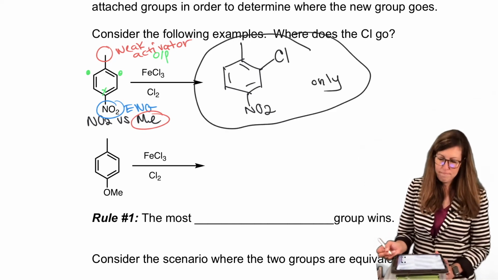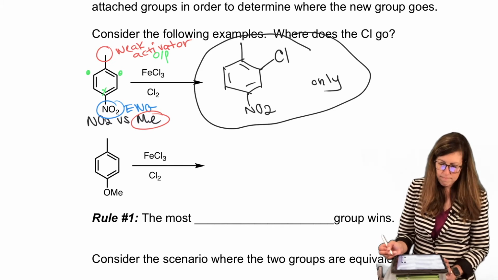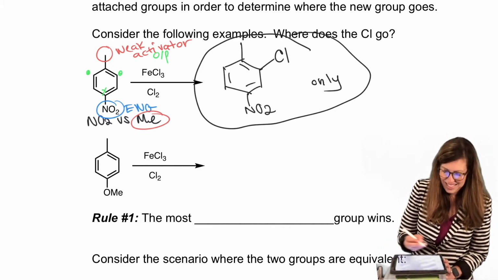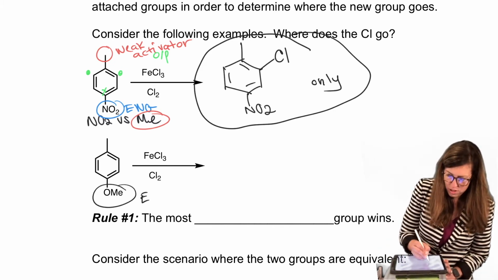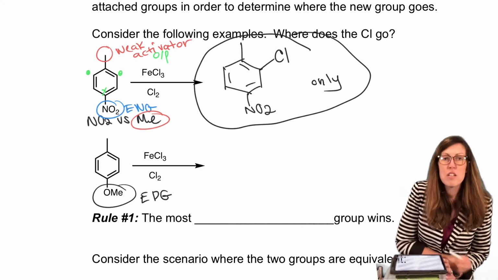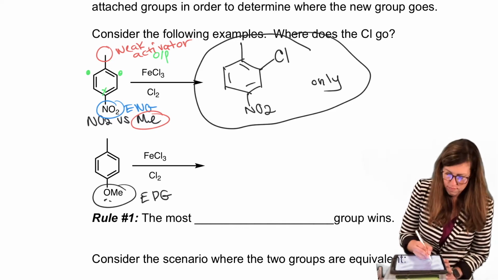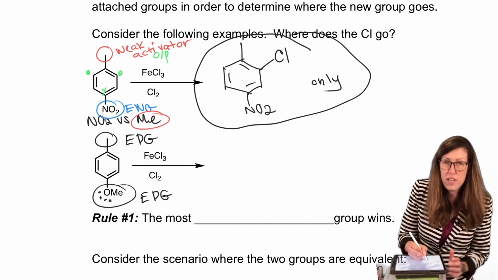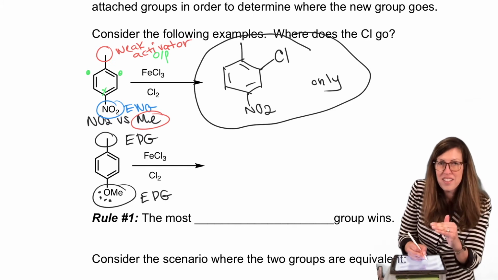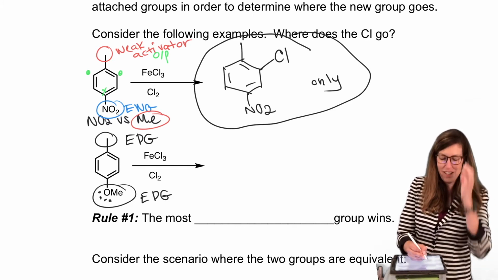Okay. Let's do that again. Electron donating, ether, electron donating. Methyl, we already established, weakly electron donating. Both electron donating, but we know that alkyls are the bottom of the rung. In terms of the hierarchy, there's a pecking order.